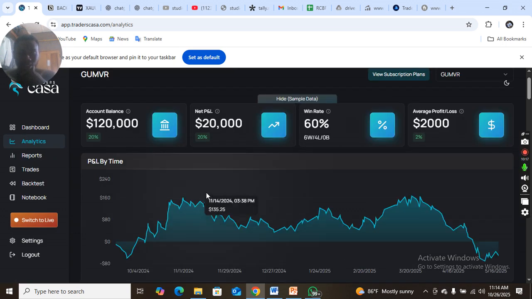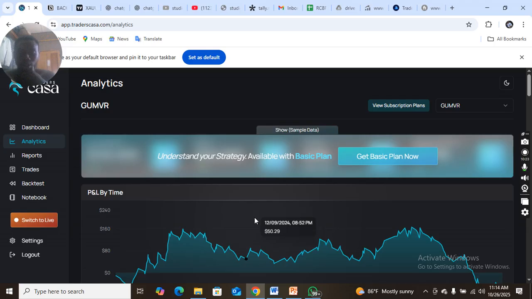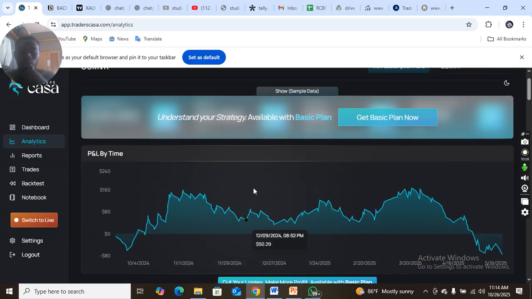On the analytics, what I can only show you on the basic plan is just the equity curve. You can see right here that we started this on the 20th of September, 2024, last year.